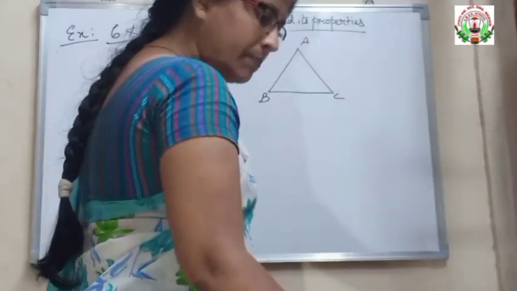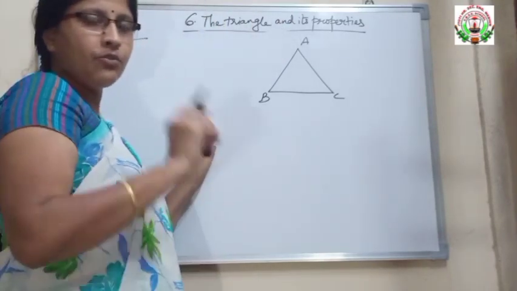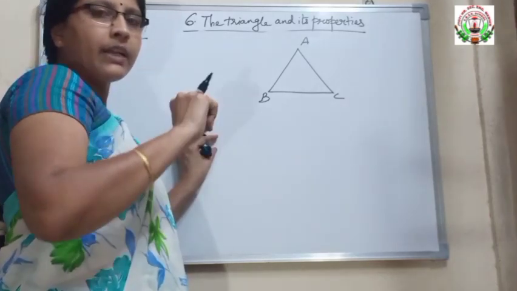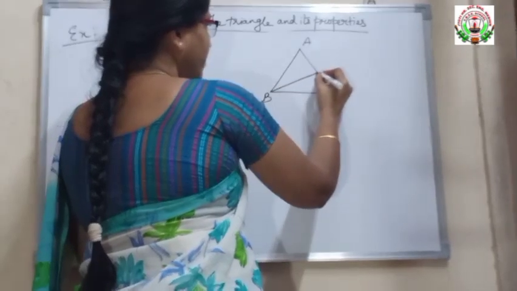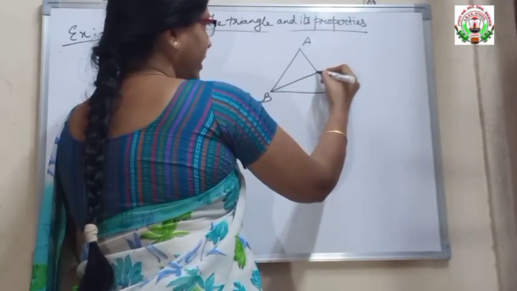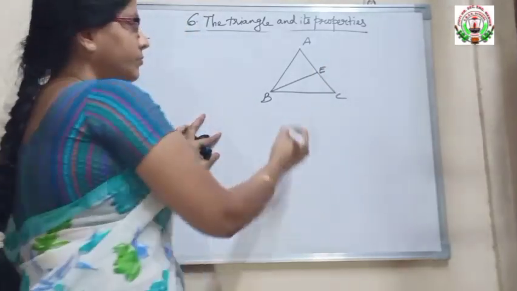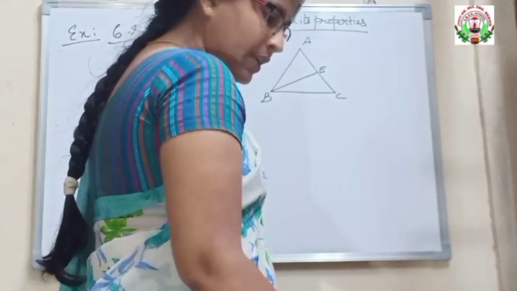And they have given BE is a median. Median means, I have told you, the line segment drawn from the vertex to the opposite side. So BE is a median. So this is the figure that is going to come for your second question A part.